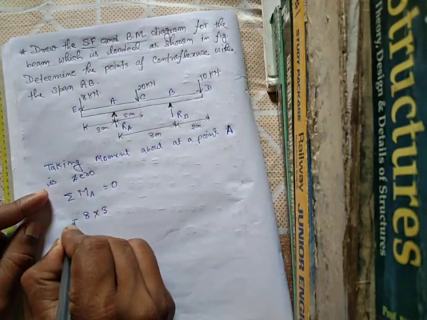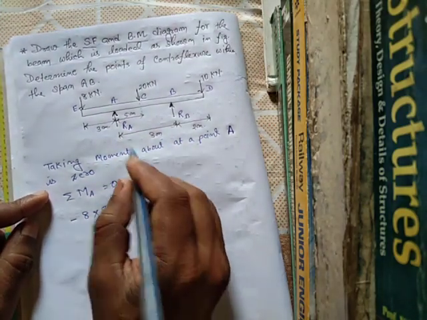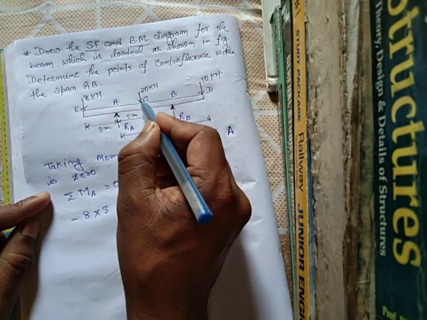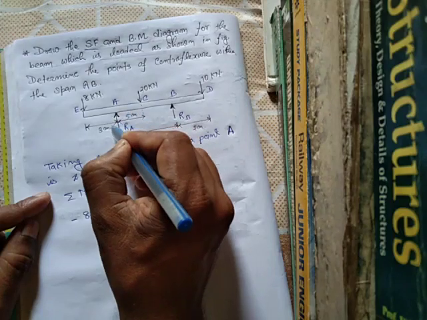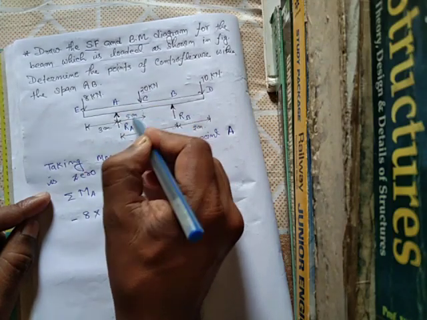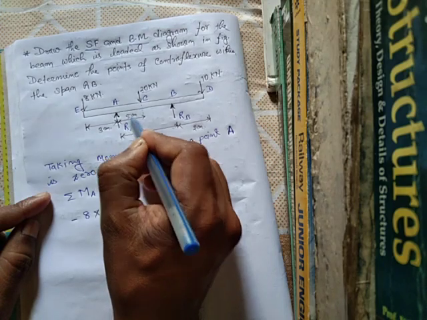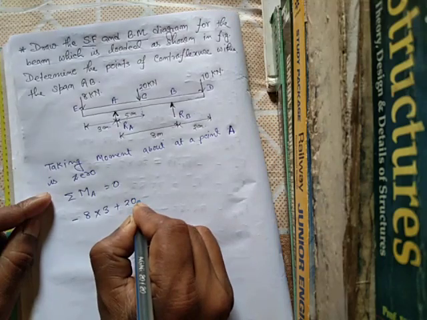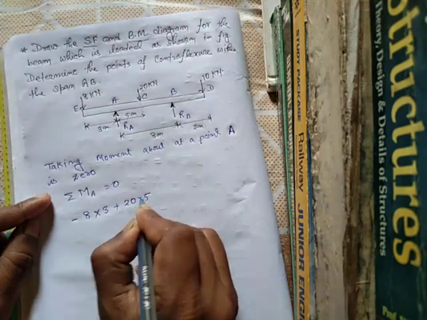We consider anti-clockwise negative. By this 20 kilonewton force it will be clockwise, so plus 20 kilonewton force into the perpendicular distance of 5 meters.